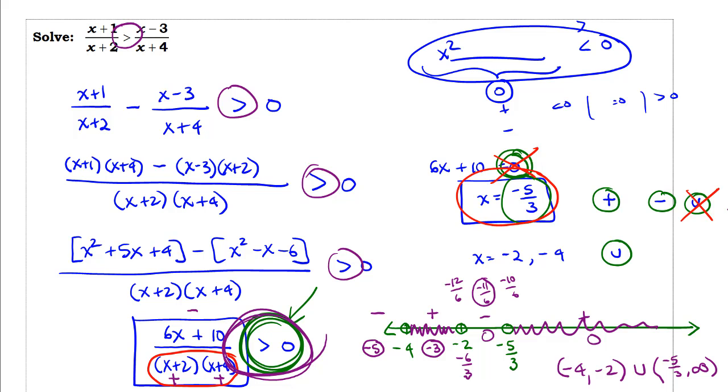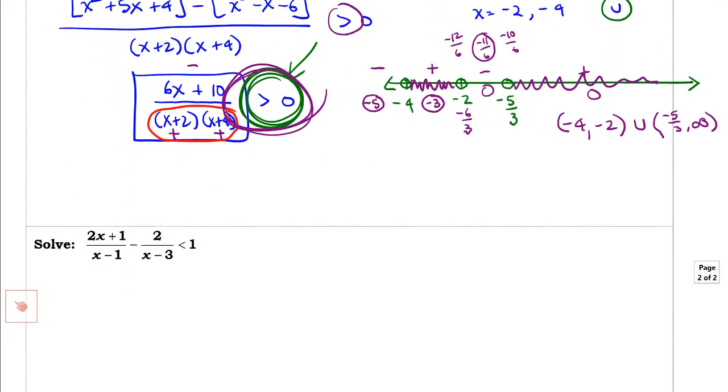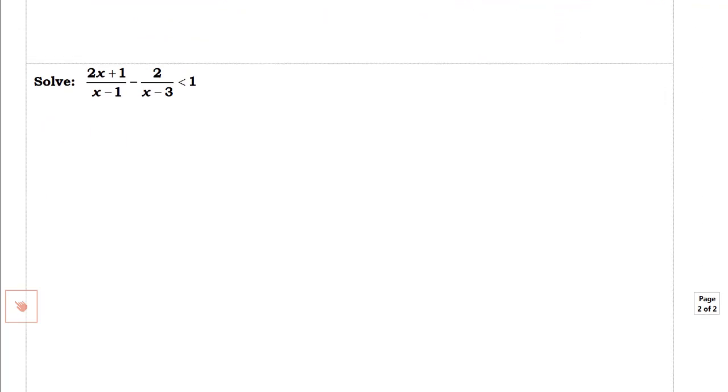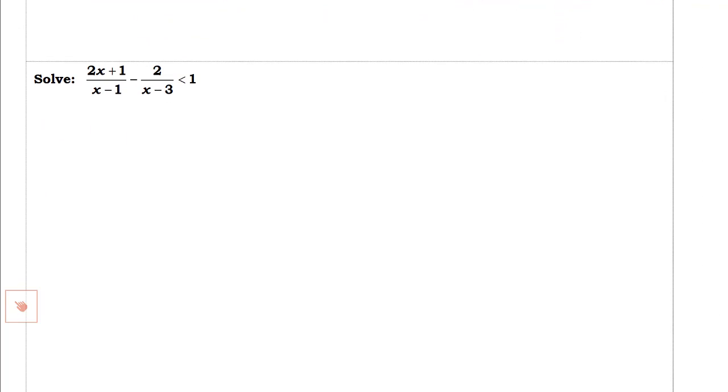Okay? Same thing here. Don't multiply through to get rid of the fractions, because it's a variable expression, isn't it? So see if you can get the right side to be 0 and the left side to be a single fraction.